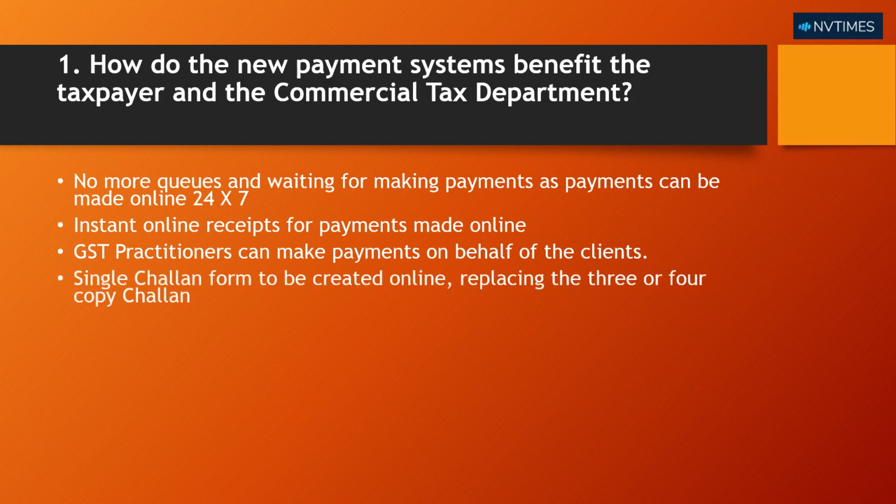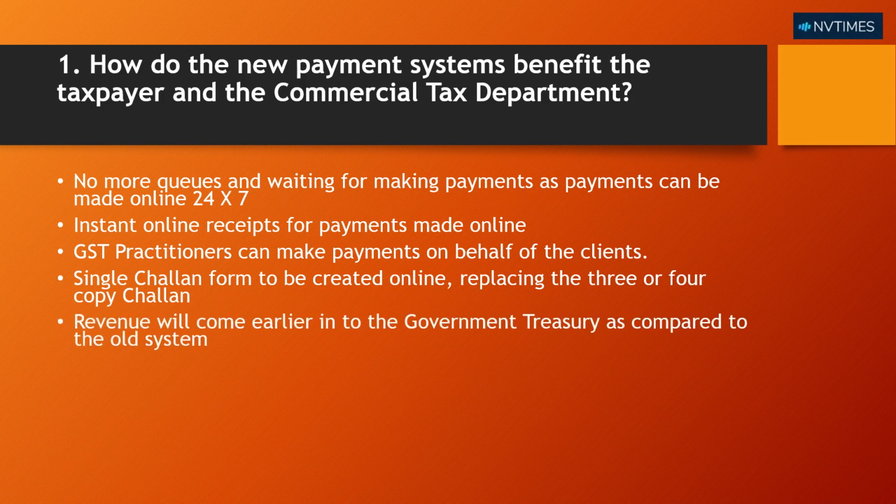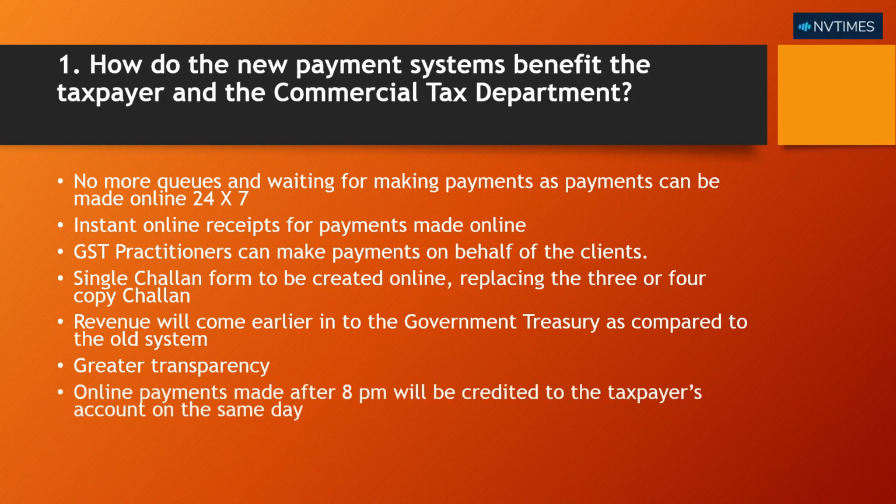A single challan form is created online, replacing the 3 or 4 copy challan. Revenue will come earlier into the government treasury as compared to the old system. On greater transparency, online payments made after 8 p.m. will be credited to the taxpayer's account on the same day.